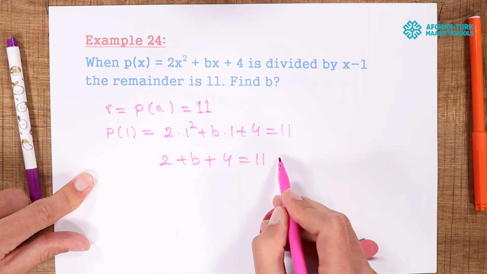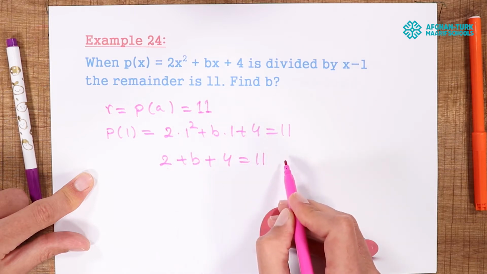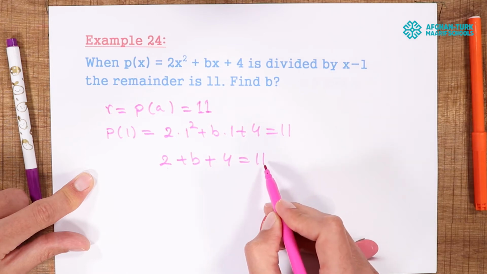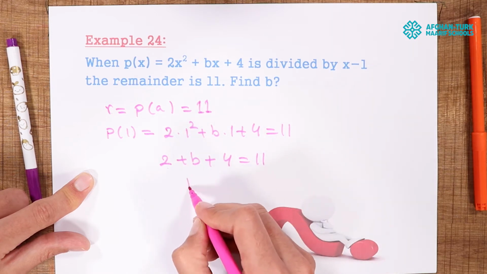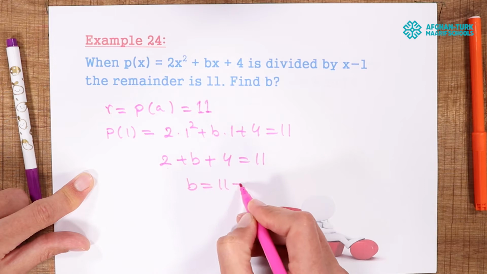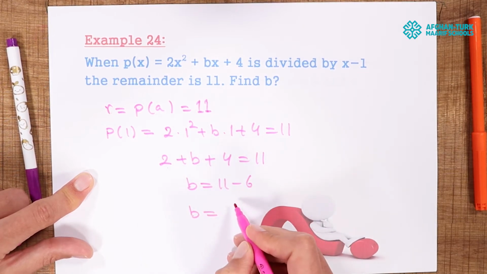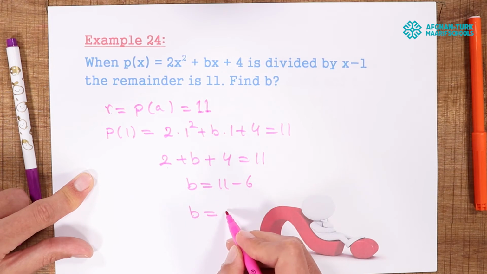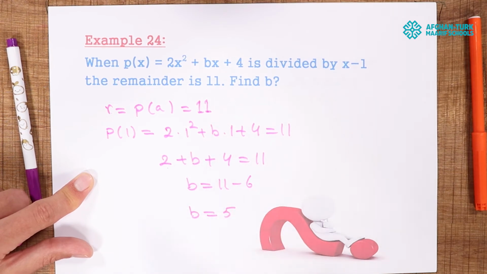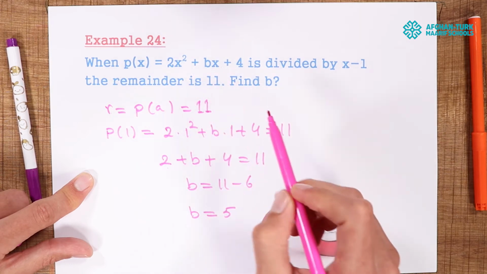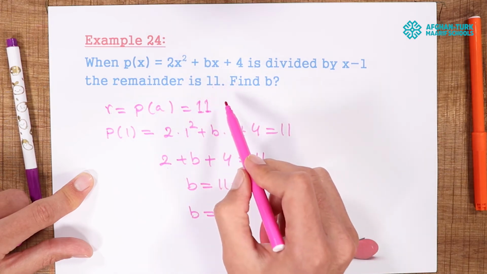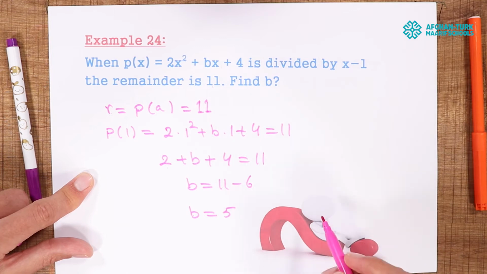When you bring 6 to the other side, it will be minus 6. 11 minus 6 is what? b is equal to 11 minus 6. You can see that b is equal to 5. So whenever b is 5, the remainder will be 11 when it is divided by x minus 1.